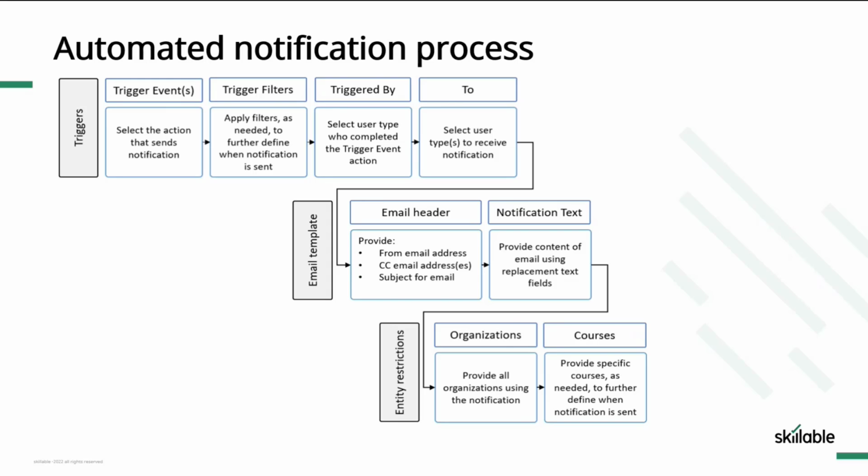You build in your email templates. We'll discover how building your emails is really important, making sure that we add in the text and information, and we also include all of the people we need to include, along with adding subjects and messages and making them specific. Then we look at entity restrictions.